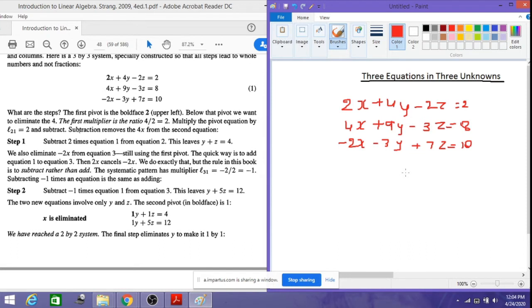Now we want to find the values of x, y and z, these unknown values in these three equations. There are three equations and three unknowns, so we have to find the values.